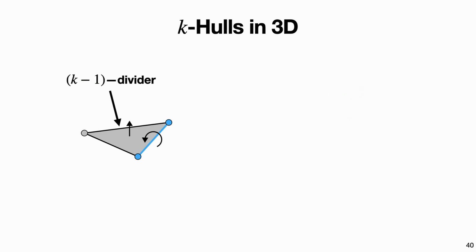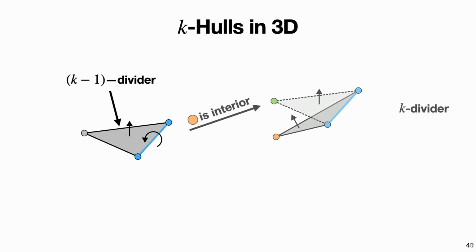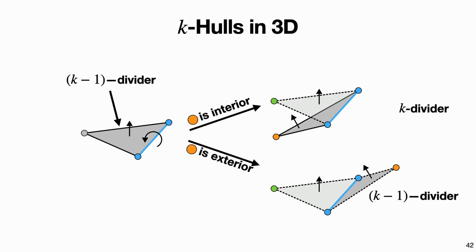And now we need a way to handle the k minus 1 dividers. But here again, we choose the rotation such that the third point that is not part of the pivot edge becomes an exterior point, re-establishing k points in the exterior. And again, we can have 2 cases. First, the new point is an interior point, which means we have a k divider in the end, or the point is an exterior point, which means we have a k minus 1 divider.